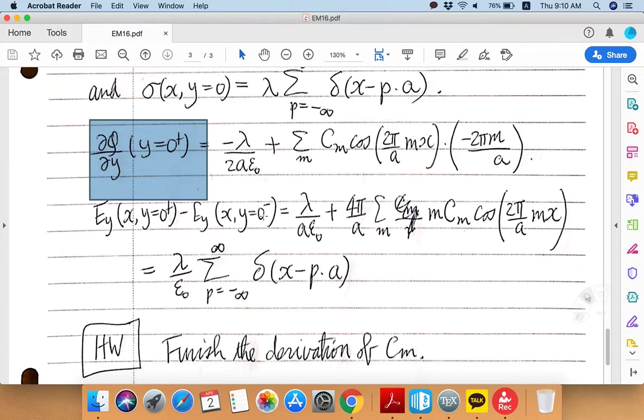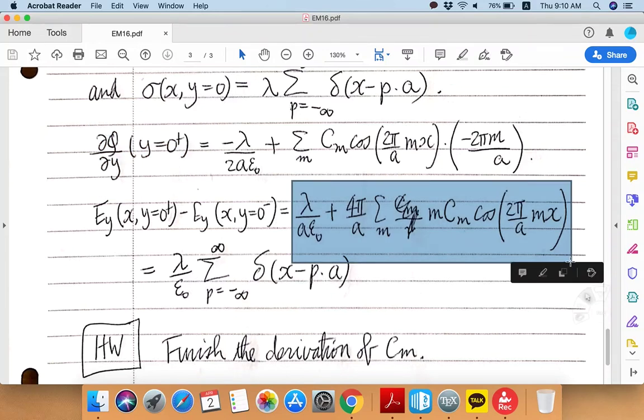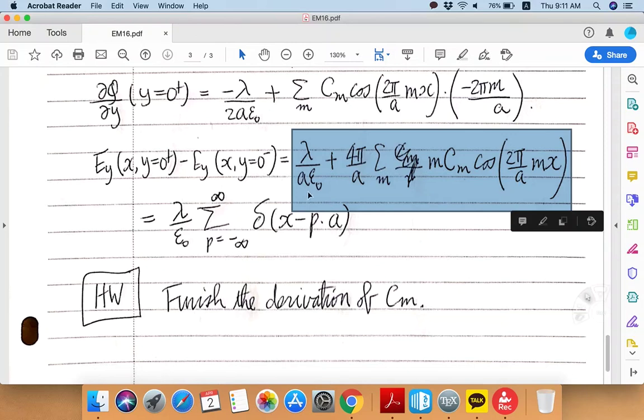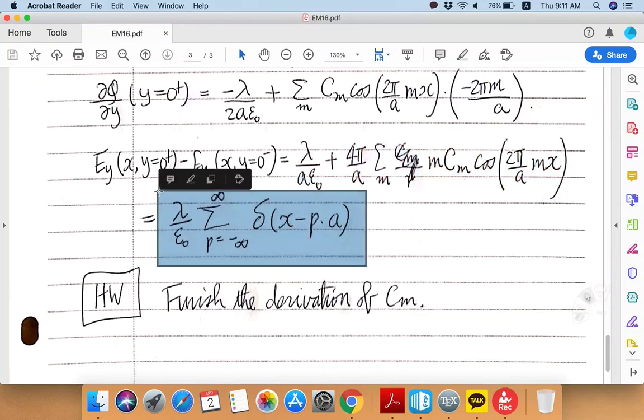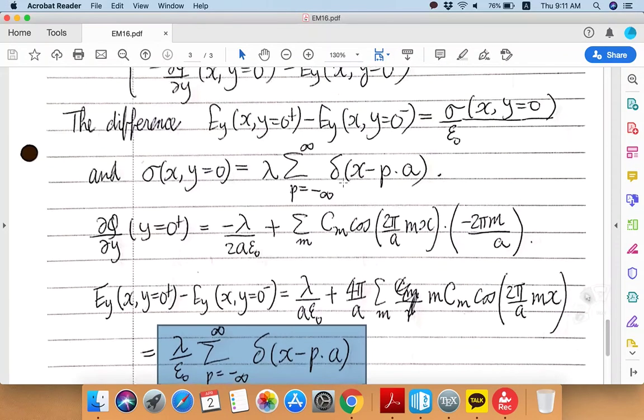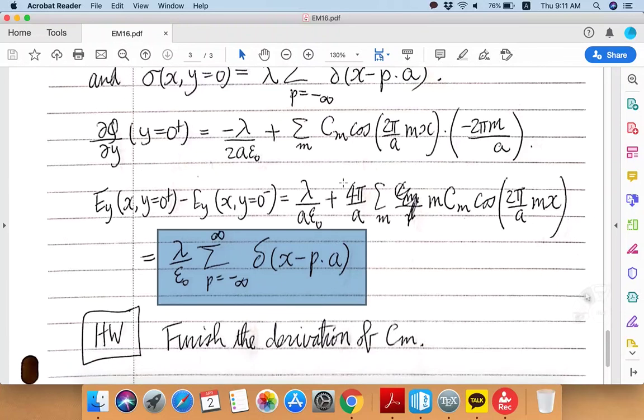So this difference comes out to be exactly this value. And I claim that the difference should match the surface charge density given by a series of delta functions.